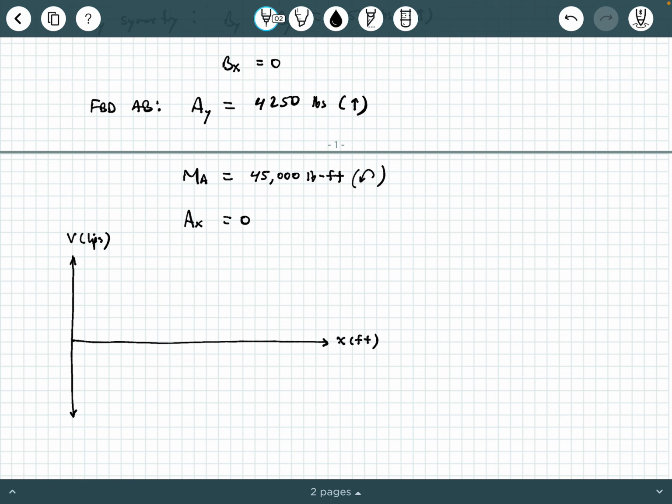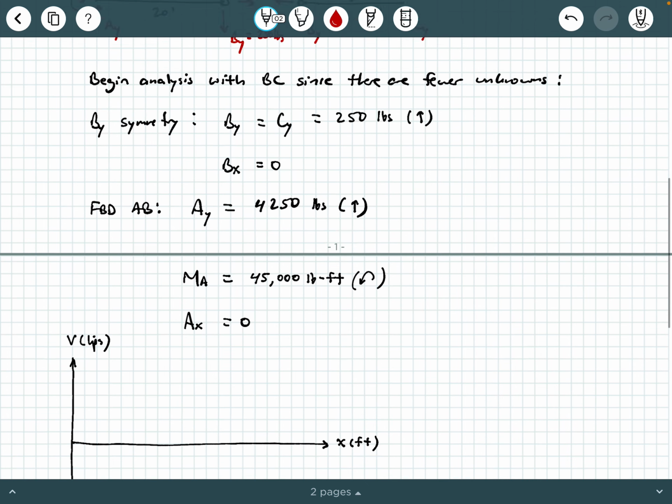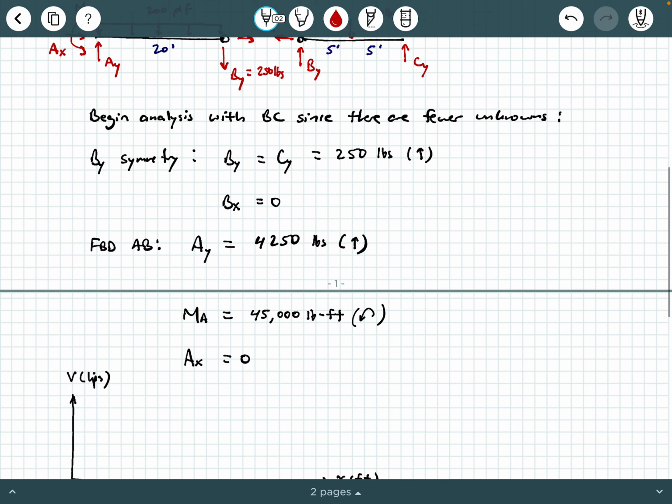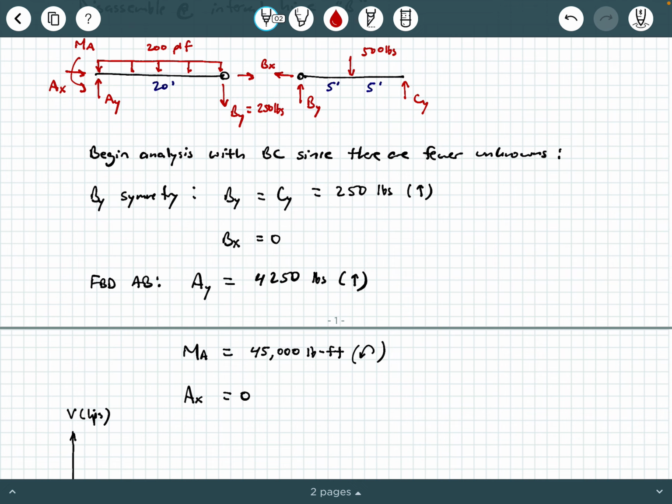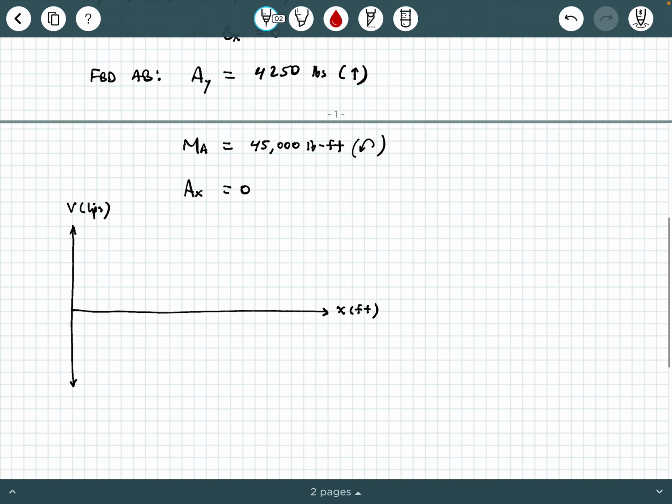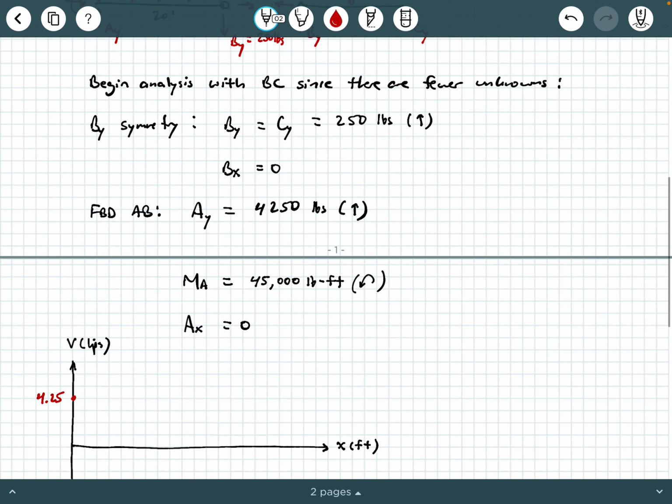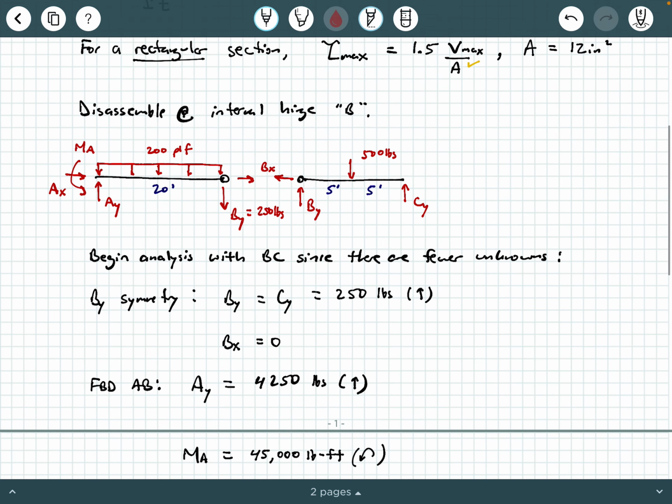And then I've got X in feet here. Okay, so in our shear diagram, the first thing we're going to encounter is AY. So that's going to be 4.25 kips going up. So I'm going to say that's about right here. 4.25 kips going up.